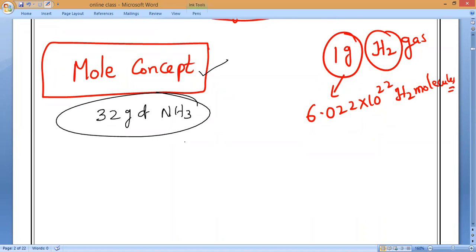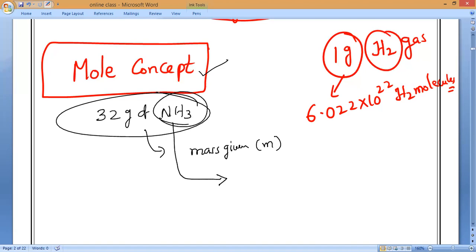We cannot count with fingers 1, 2, 3, 4, 5, 6. So they are giving you the mass, and immediately we find the molar mass.